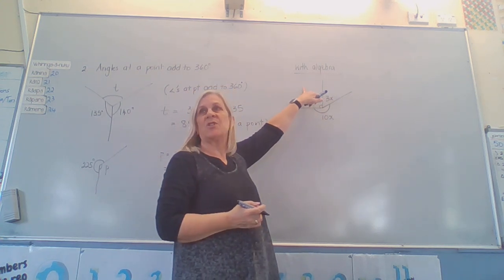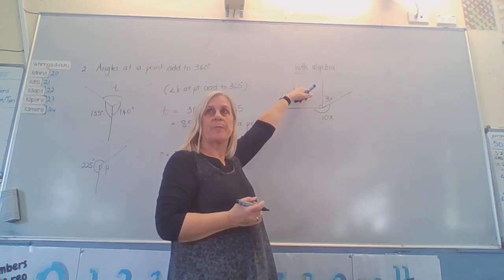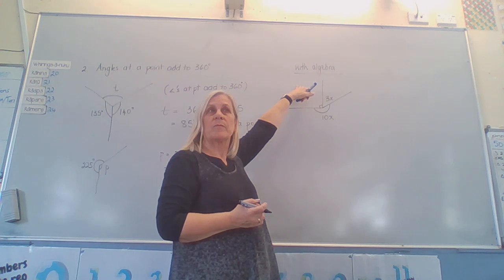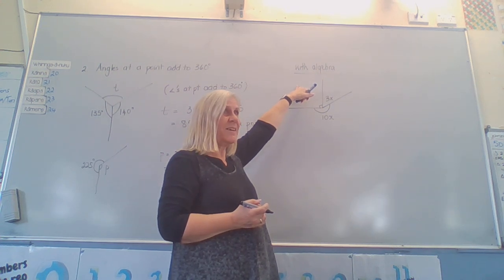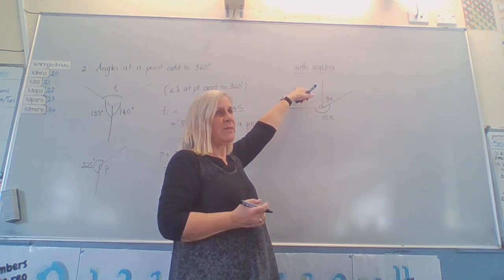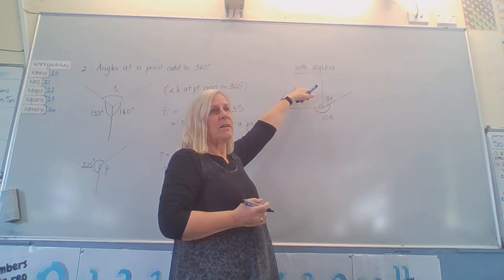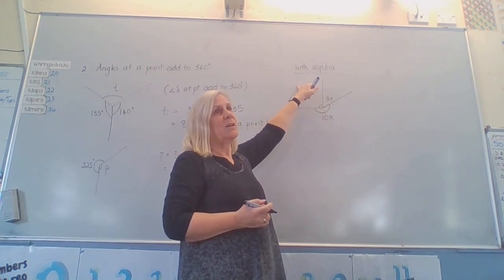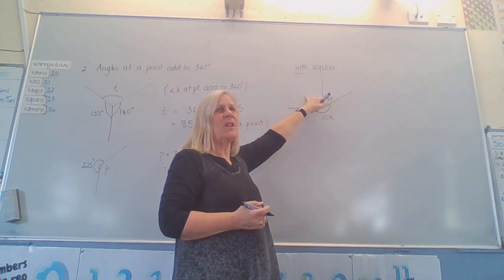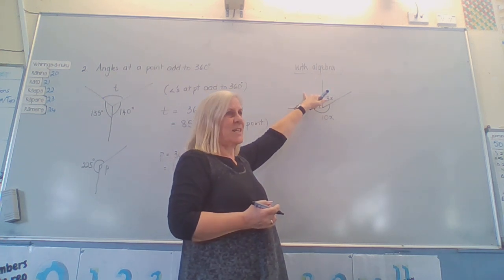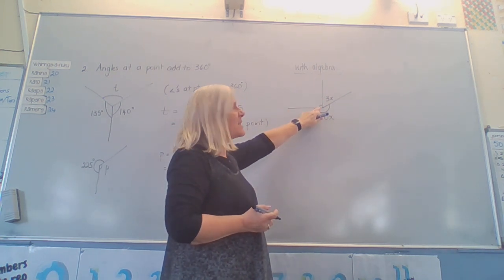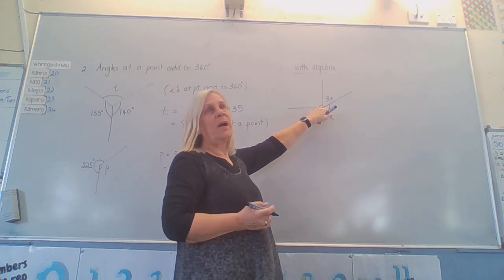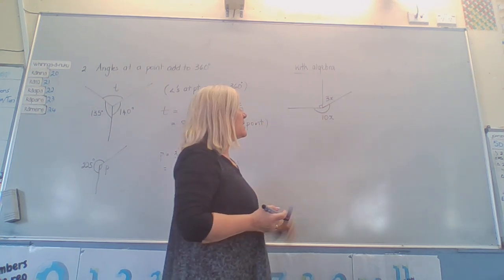What does this one measure? Go, Taylor. Come on, be brave. Ollie? X. What does this measure, this one here? It's a right angle. How much is a right angle? 90 degrees, all right? So that little box is a giveaway. That's 90 degrees.